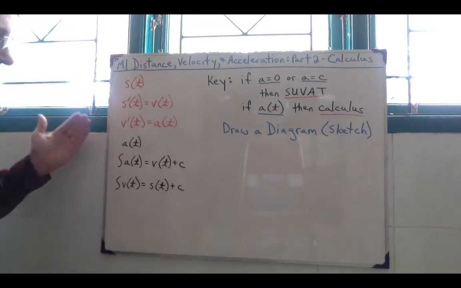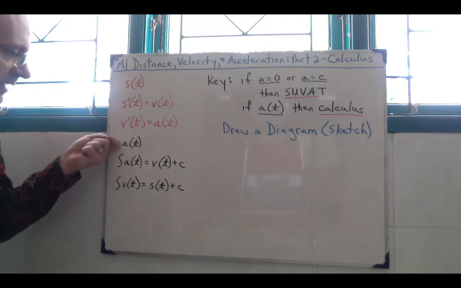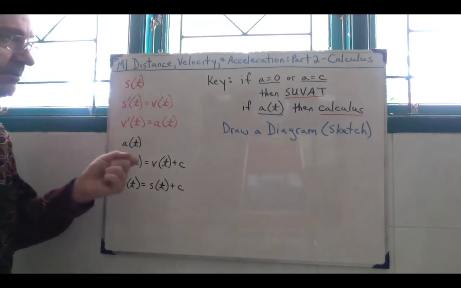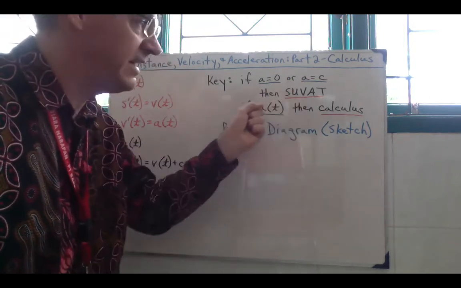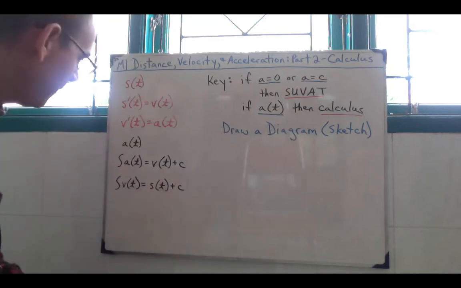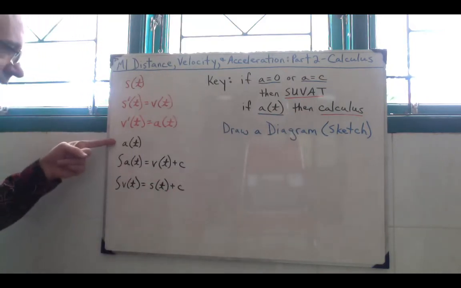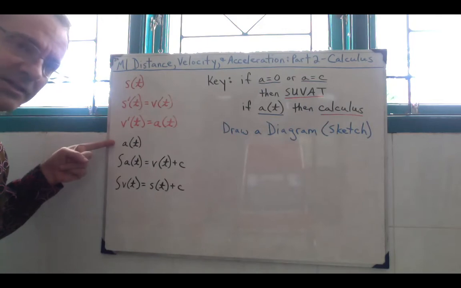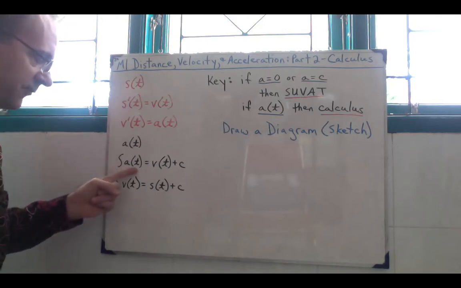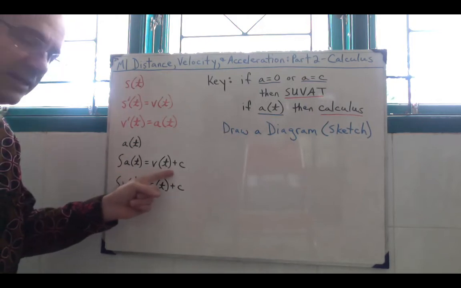Now, if you need to go the other direction, if you're given the acceleration as a function of time, which is our key to understanding that we need to use calculus and not SUVAT, then you need to integrate your acceleration function to get your velocity function.